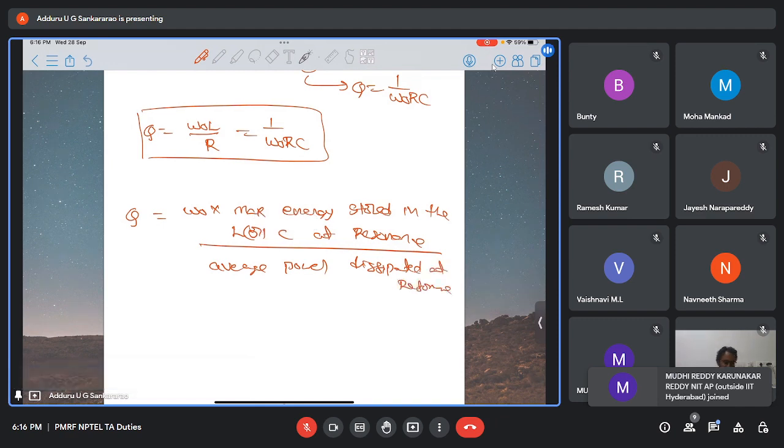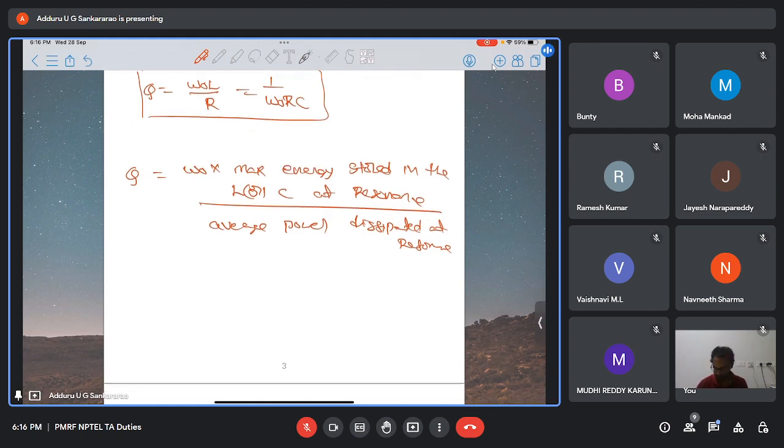Actually, Q factor is defined like this for series RLC circuit or parallel RLC circuit: omega naught, the resonant frequency, into maximum energy stored in the inductor or capacitor at resonance, by average power dissipated at resonance.